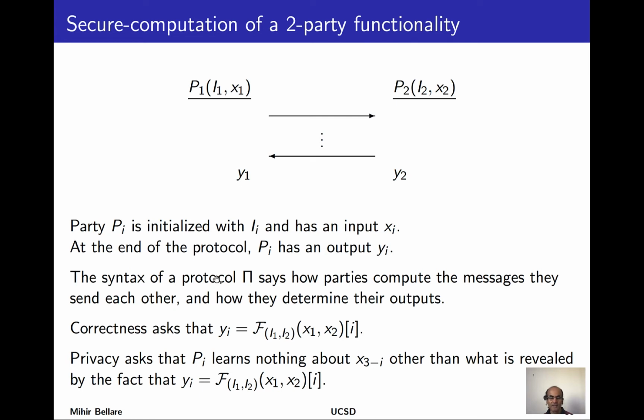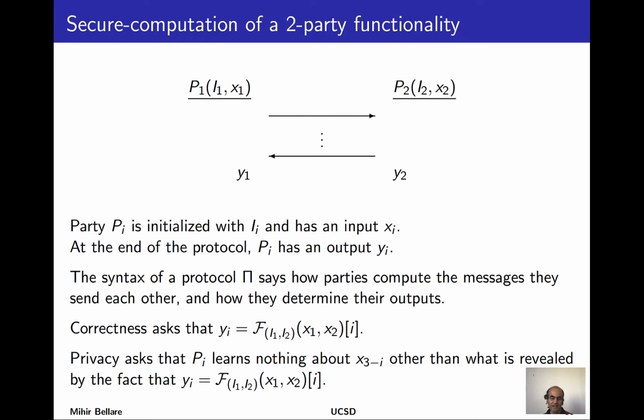The formal description of a protocol, which would, in our usual language, be what we call the syntax, would have the job of saying how these parties compute and send messages to each other. It would be an algorithm that, given an incoming message and given either the party's coins or current state, computes the outgoing message.